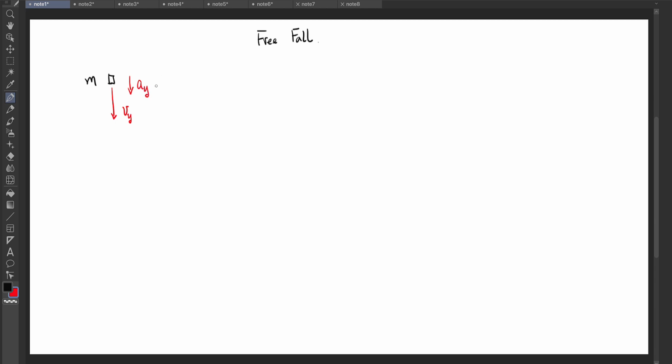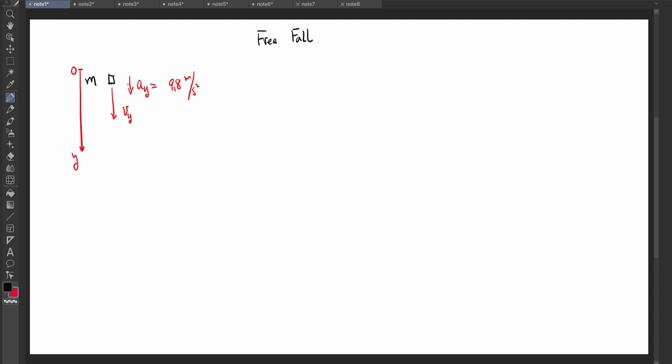And Ay has a value equal to 9.8 meters per square second on the Earth's surface. According to this direction, let's say I pick the y-axis to be downward, with origin O somewhere above.